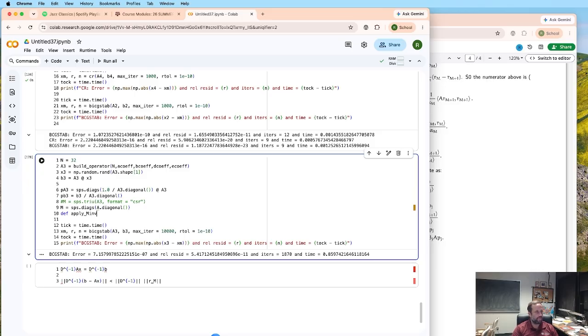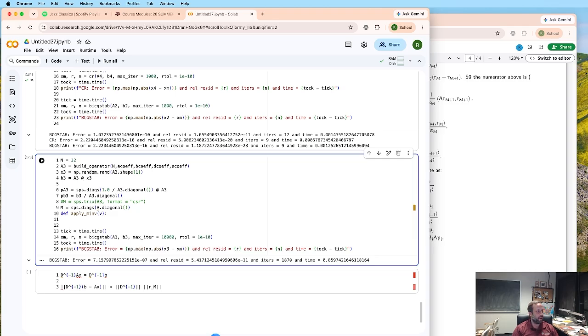So okay, apply. Let me do it like this. Apply an inverse on a vector v, and we are the caller of the function, and we are assuming that our matrix M is going to be at least lower triangular.